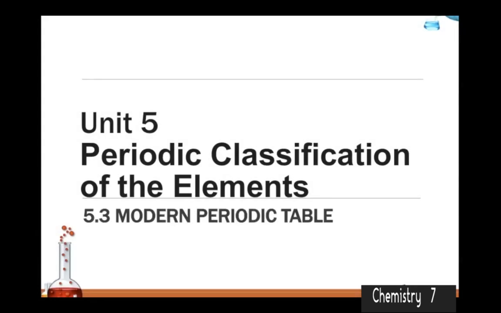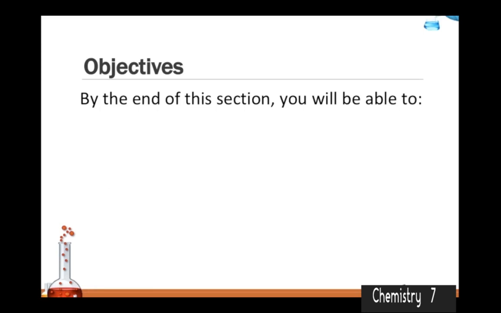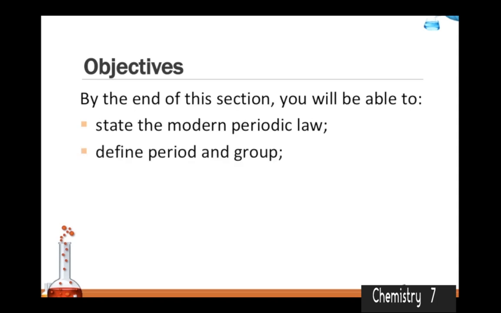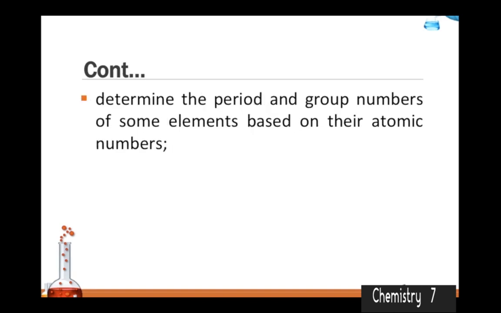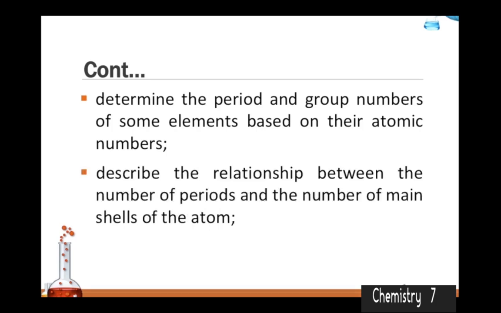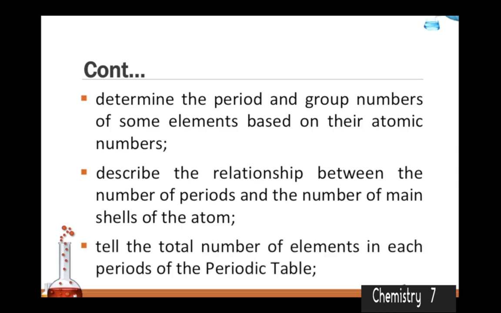Subunit 3, the modern periodic table. By the end of this section, you will be able to state the modern periodic law, define period and group, tell the total number of periods and groups in the modern periodic table, determine the period and group numbers of some elements based on their atomic numbers, describe the relationship between the number of periods and the number of main shells in an atom, tell the total number of elements in each period of the periodic table.